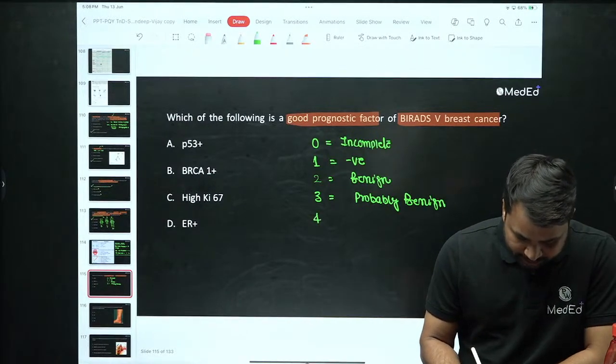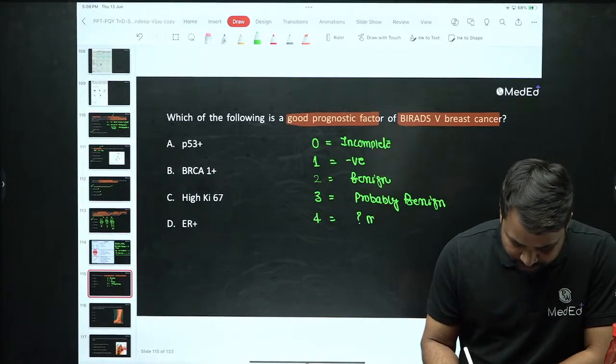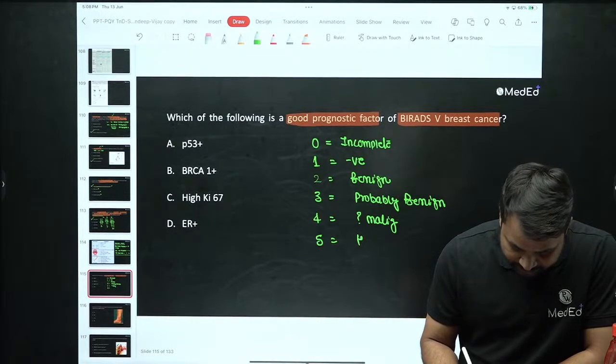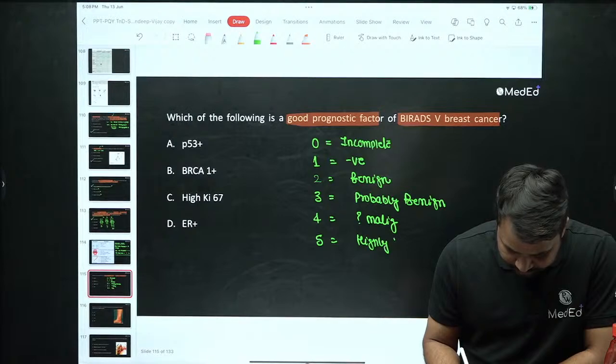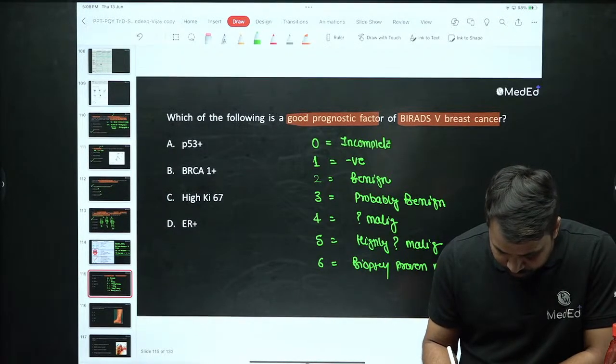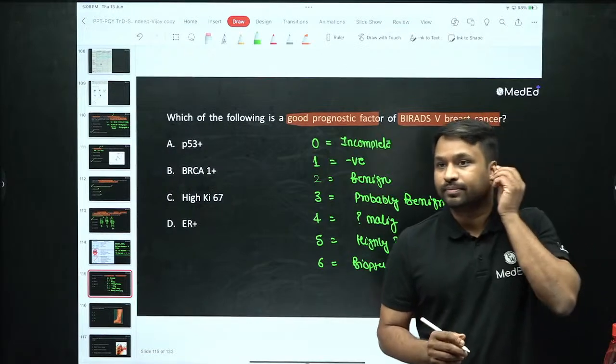Category 4 is suspicious of malignancy. Category 5 is highly suspicious of malignancy. And category 6 is biopsy proven malignancy. It is your biopsy proven malignancy, right?